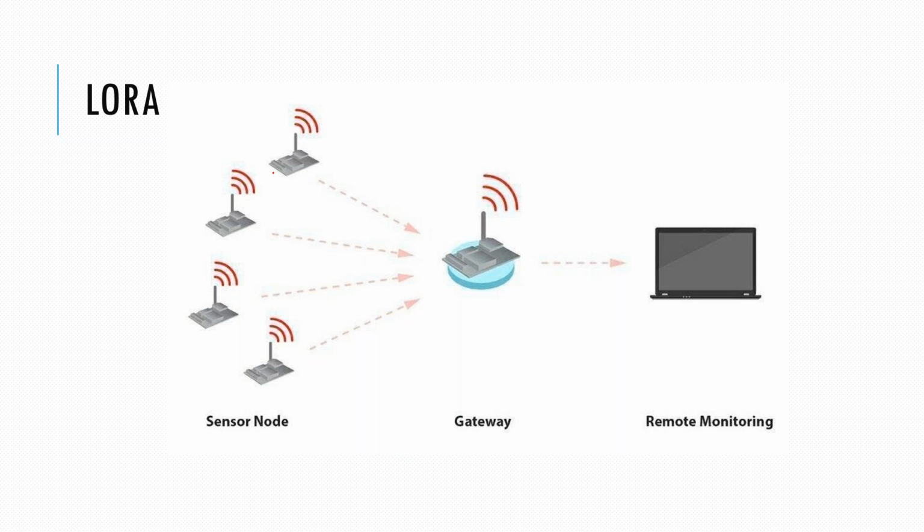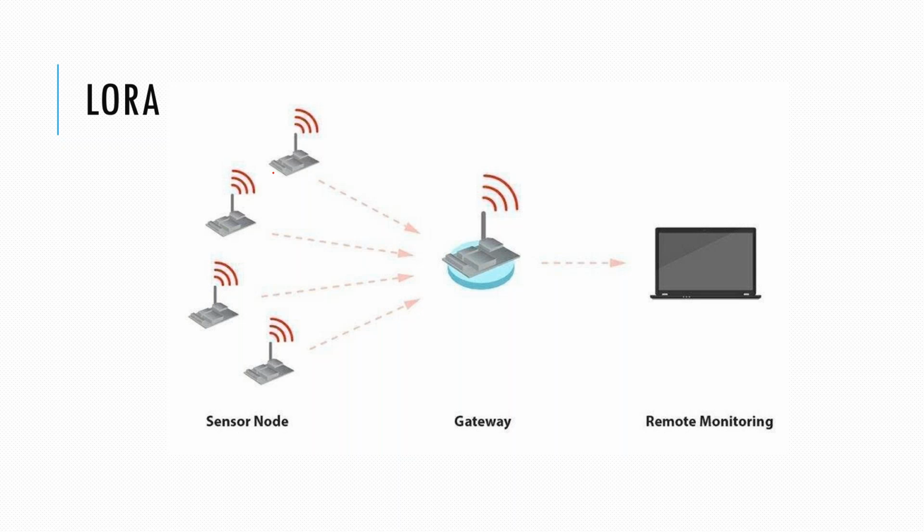Suppose you want to connect your mobile phone to the router, so in your mobile phone there should be a Wi-Fi module. Same thing, we use LoRa and LoRaWAN end node modules with our microcontroller, and there's one gateway.